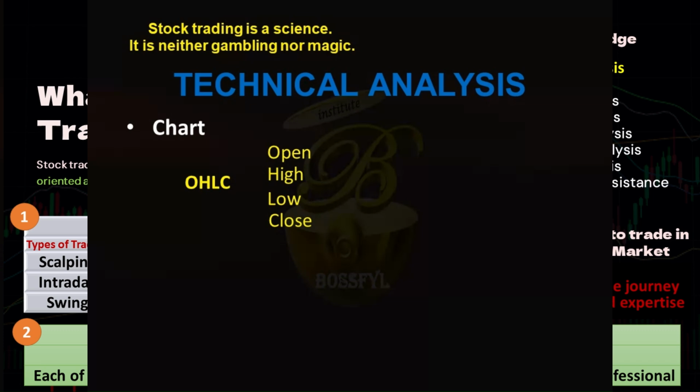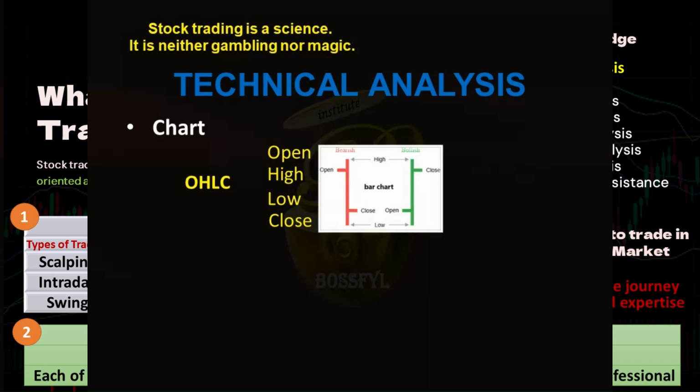One of the ways of representing the OHLC of a particular stock price or company on a particular time frame is called a bar representation, or a bar diagram, or it can be represented in a special form which is called a candlestick format. So I'll show you that right away.